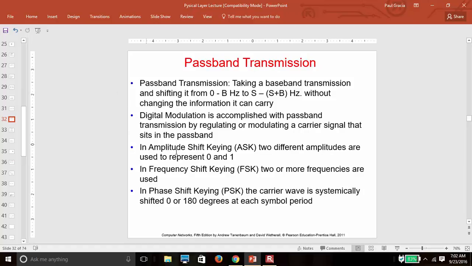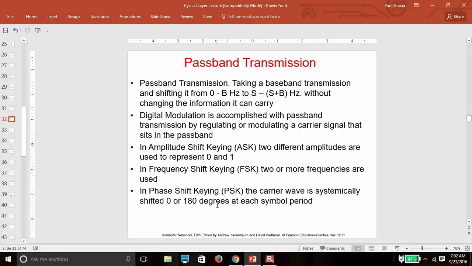And as you can see, it's going to be very easy to have additional bits in your symbol using these methods. And the same thing with phase shift keying, you can change the phase shift.